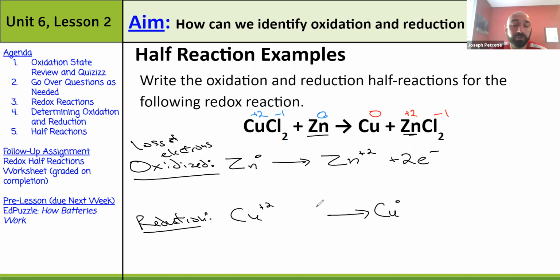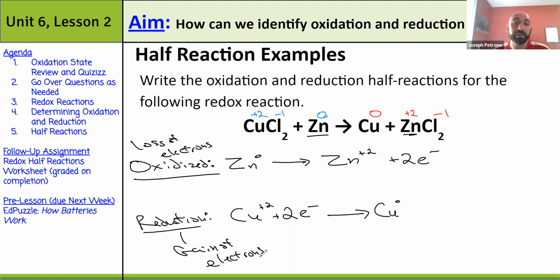Once again, we want to keep our charges balanced. So whatever is on the left side must equate to what's on the right side in terms of charge. +2 and 0, to balance it out, we need to take on those 2 more electrons. And once again, this occurs on the reactant side because reduction is the gain of electrons. And those would be your half reactions for this process.